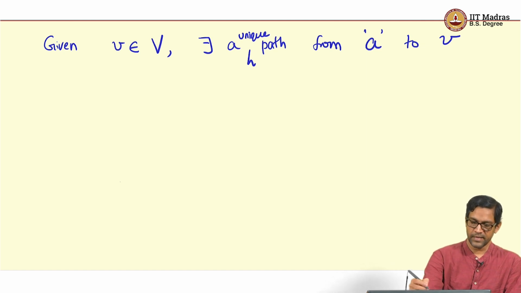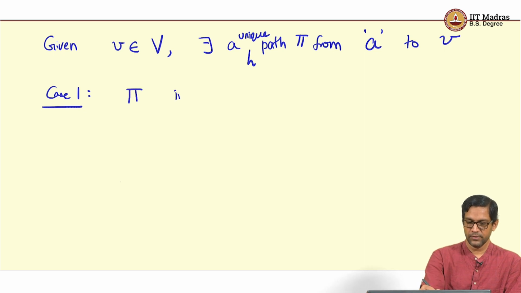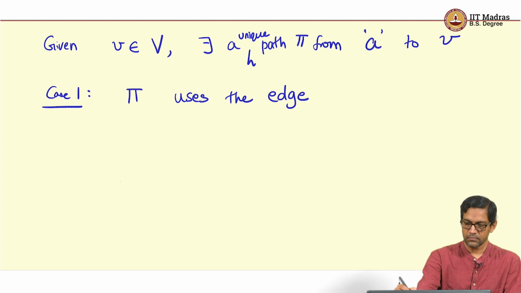Now, either this path, so there are two cases. So, case 1, this path, let us call this path pi, uses the edge E. Okay, or let us say maybe case 1 is pi does not use the edge E.